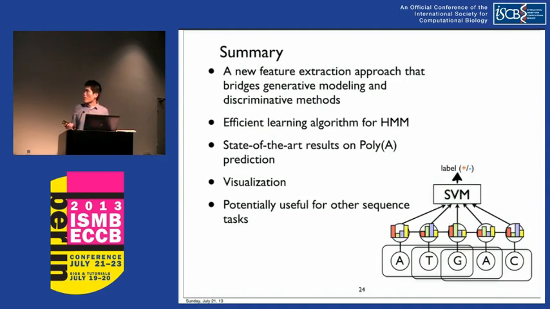Besides, our method can visualize the discriminative regions of the DNA, providing insight for more analysis. And at last, I would like to emphasize that our technique is not limited to PolyA prediction, but it's a more general framework that can be potentially useful for many other sequence tasks.